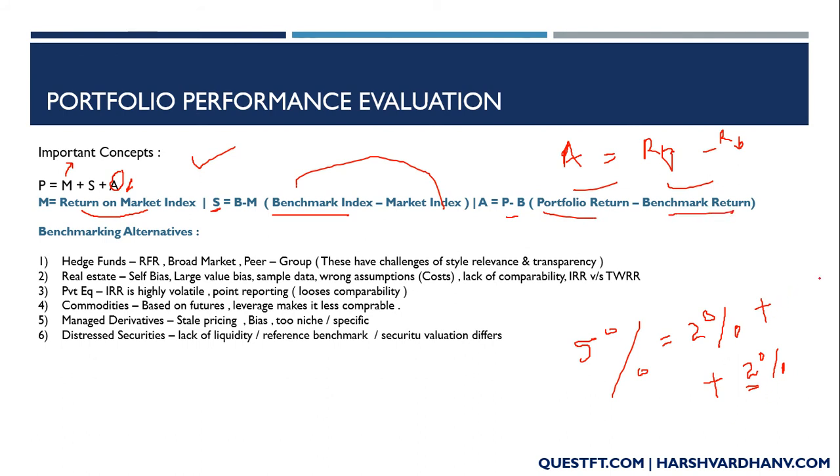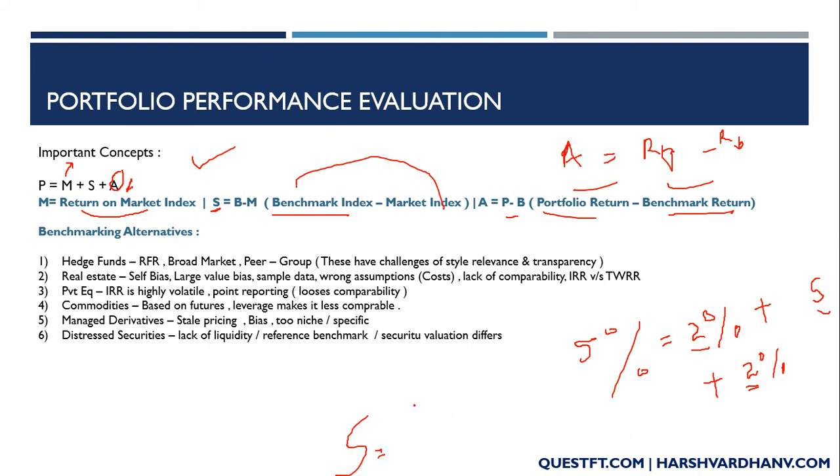Now you don't know this term S, right? S over here is the excess return due to the style. So you can compute S. S is 1. Why? Because you have the market index return and you have the active return. Active return is portfolio return minus benchmark return. So how do you arrive at S?